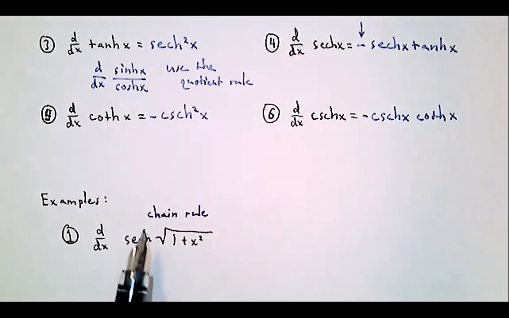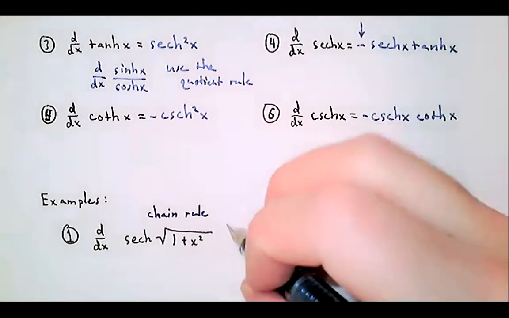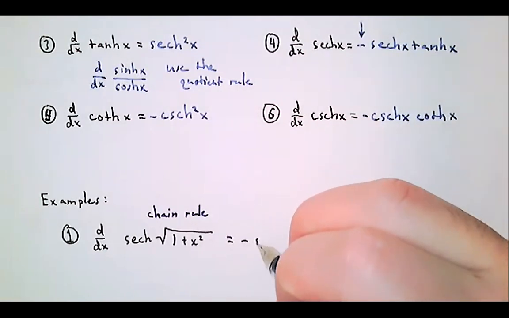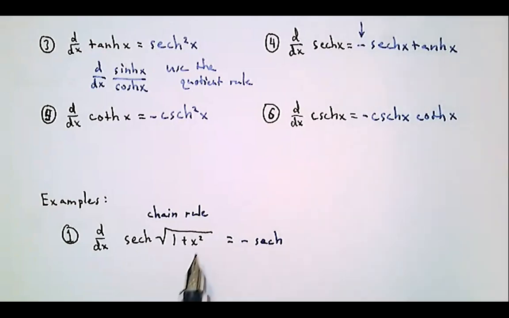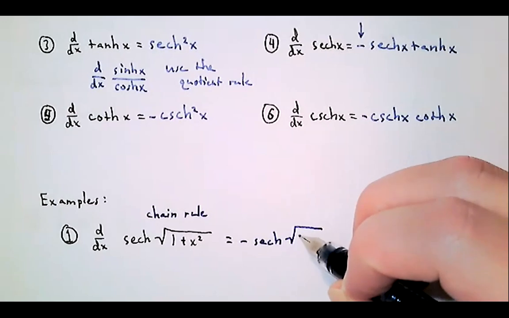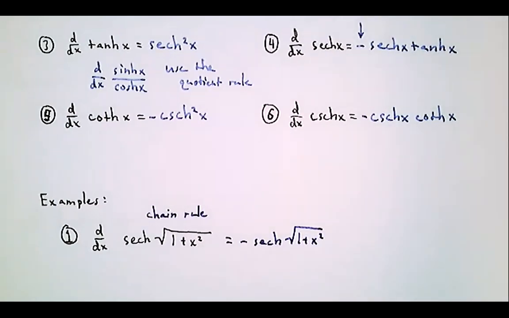So we need the outer derivative of the hyperbolic secant. That's this rule up here. So we get a negative sech, and then we leave the inside alone. So that means there's going to be a square root of 1 plus x squared inside of our hyperbolic secant.